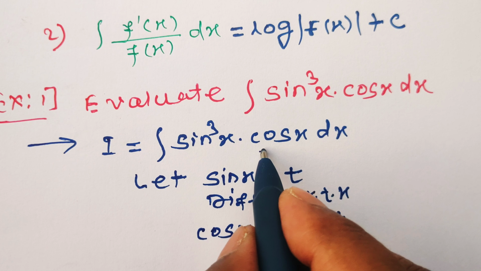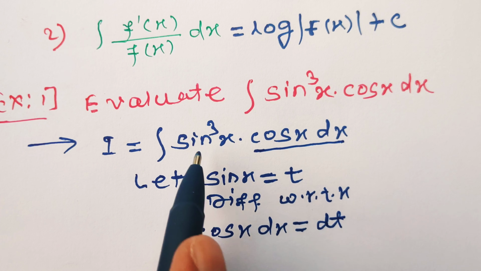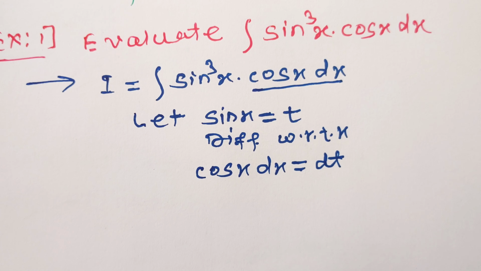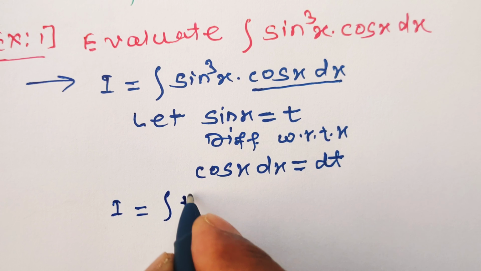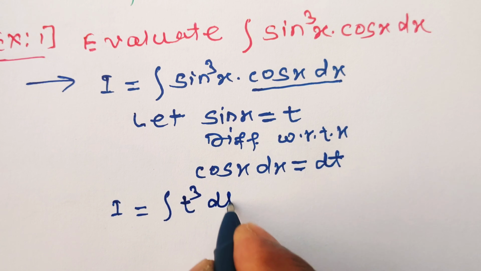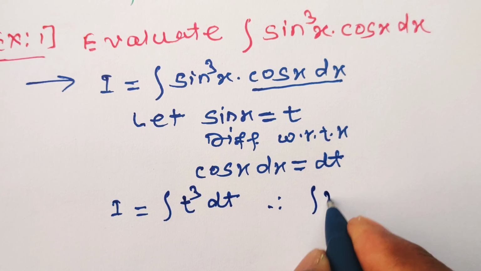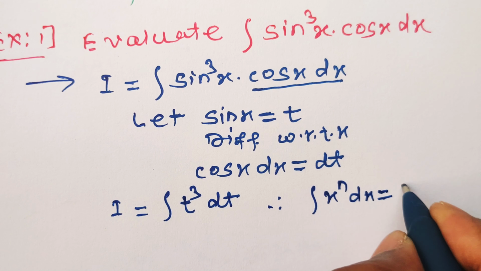Means this cos x into dx becomes dt, and here replacing sin x by t, it becomes t³. Hence I is equal to, we can write, integral of t³ dt.